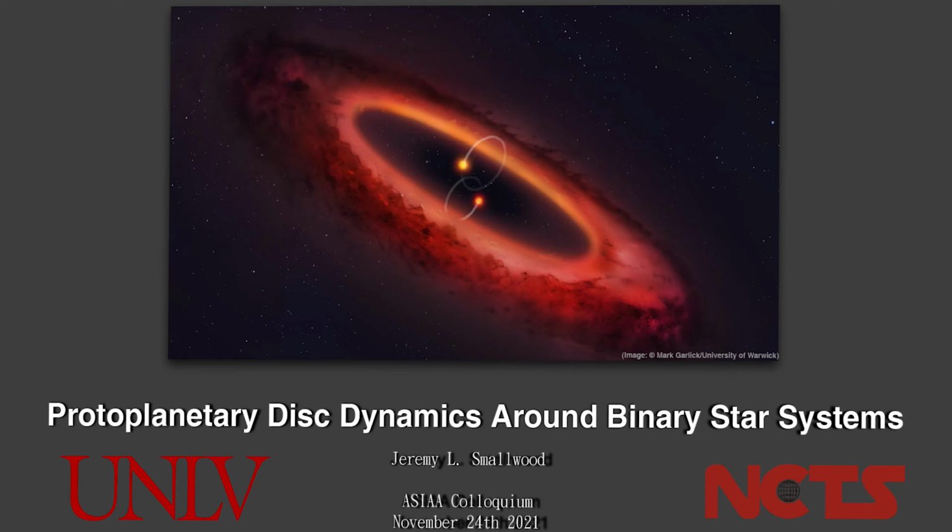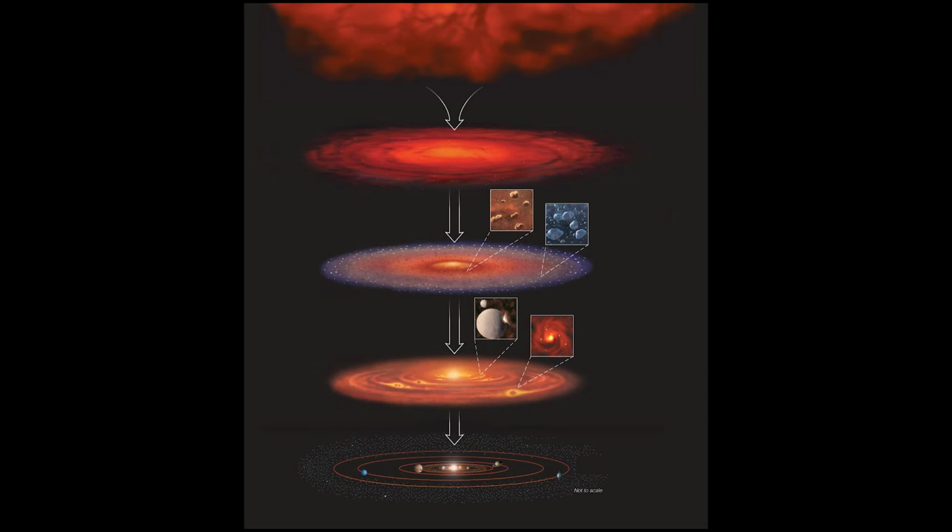Just to start, before we go into two stars, we can review how one star forms. In the galaxy, we have these large clouds of gas and dust. These clouds will condense and form a star. As the star rotates, the surrounding cloud that didn't collapse spins down into a disk, so you have a disk of gas and dust around the star.